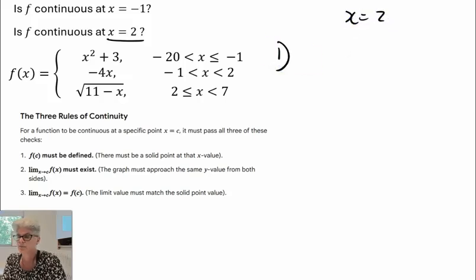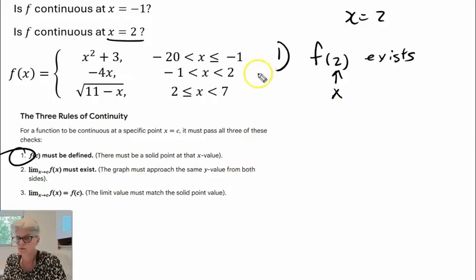Let's look at rule number 1 from the three rules of continuity. f evaluated now at 2 has to exist. And so if x is equal to 2, where do we live? Well, we're not in this first condition. You only use that formula for x values between -20 and -1 inclusive. We're not in this second condition because you use this equation when your x values are strictly between -1 and strictly lower than 2.